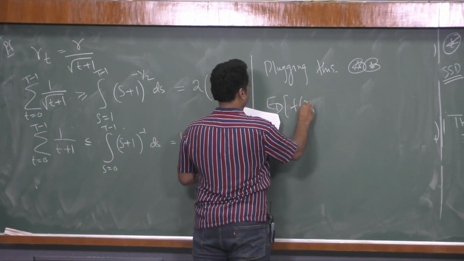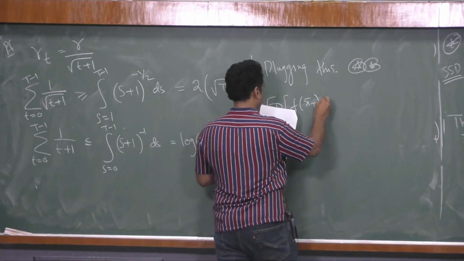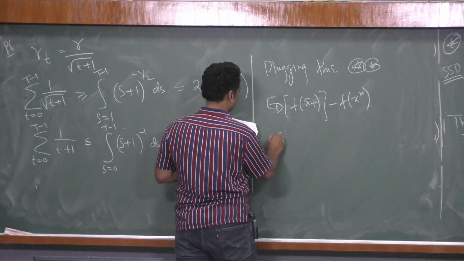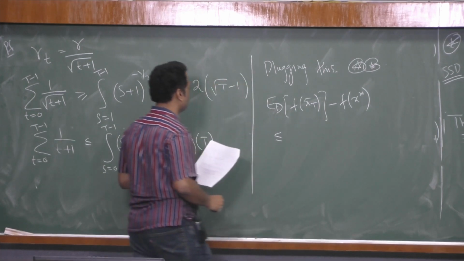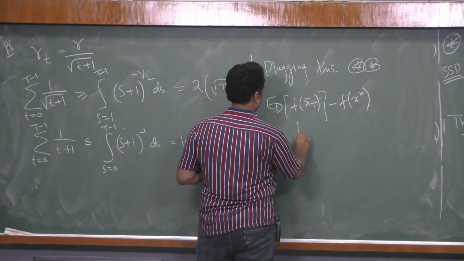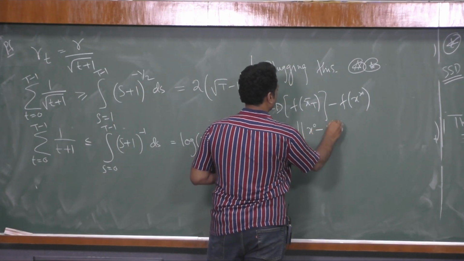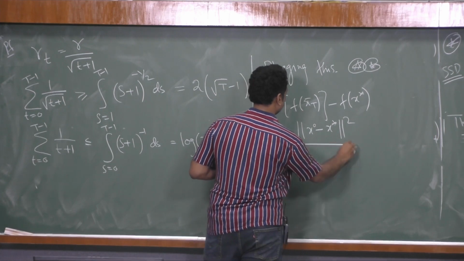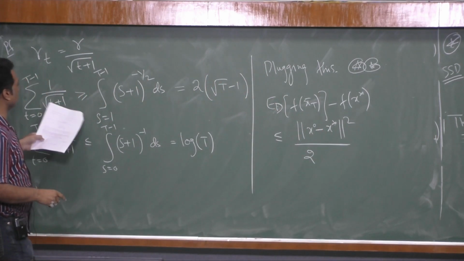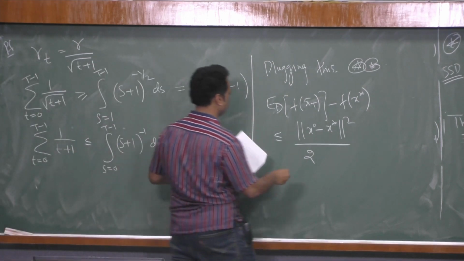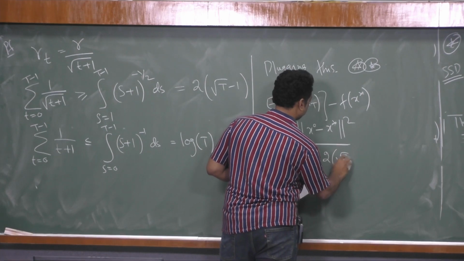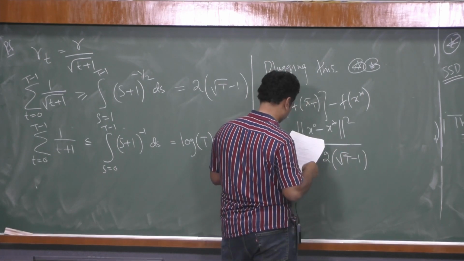So this is f of x bar t minus f of x star, and this is bounded by x naught minus x star whole squared divided by 2, times 1 over the sum of gamma k, which is lower bounded by this. So this is 2 square root of t minus 1.